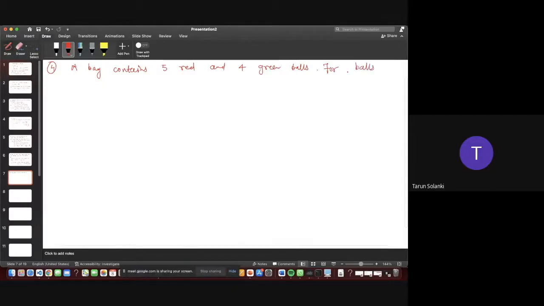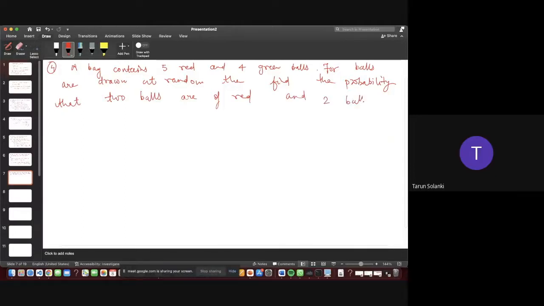So if 4 balls are drawn at random, then find the probability that 2 balls are of red and 2 balls are of green color.